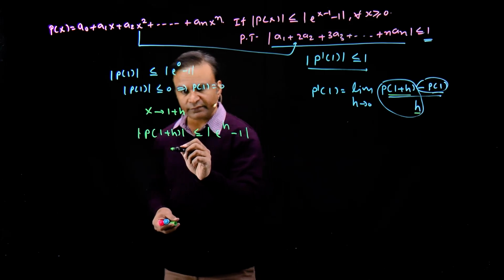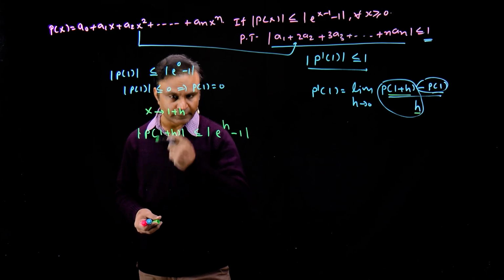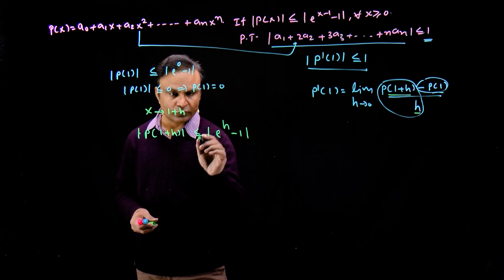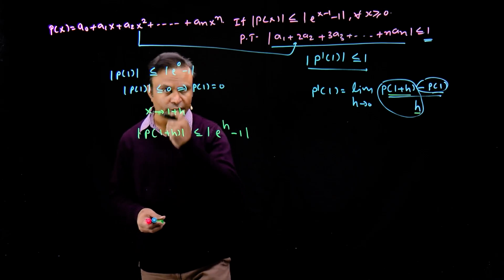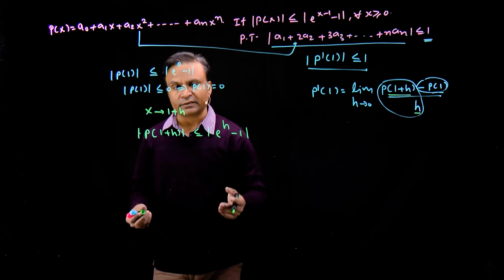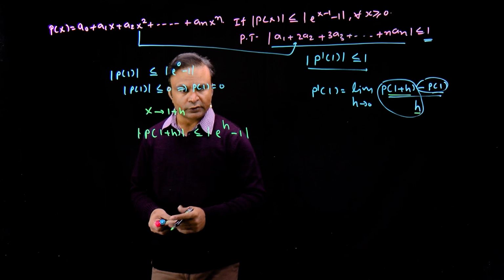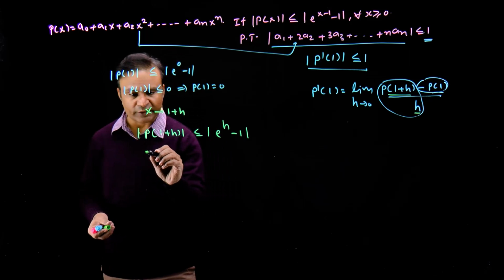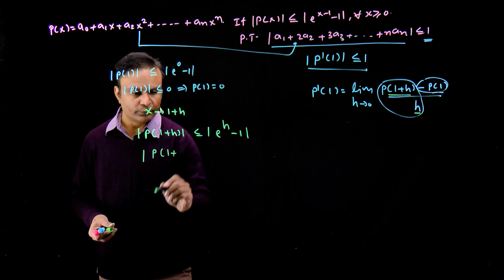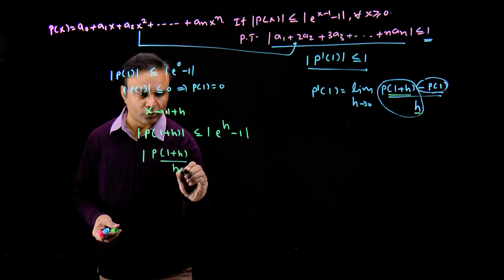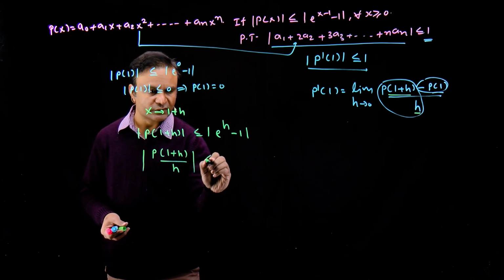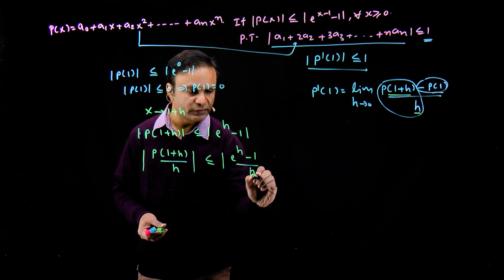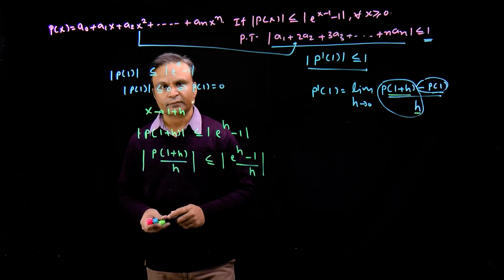So in denominator I must have h, but I can't divide by h, because in inequality we have to take care of orientation of inequality while multiplying and dividing by some value. So to keep the same orientation of inequality, I will divide both sides by mod h. So I have p of 1 plus h upon h inside modulus. This is less than or equal to modulus of e power h minus 1 upon h.